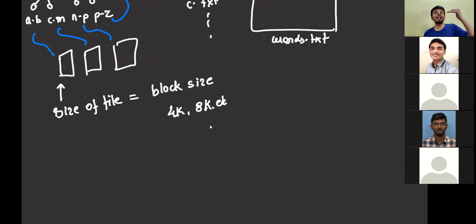So if you read a byte, you're more likely to read the subsequent bytes from it, and the subsequent calls become very efficient, because you have not loaded just 1 byte from the disk, but the entire block in memory, and all the further accesses would happen from memory. Right. So this is a great way.